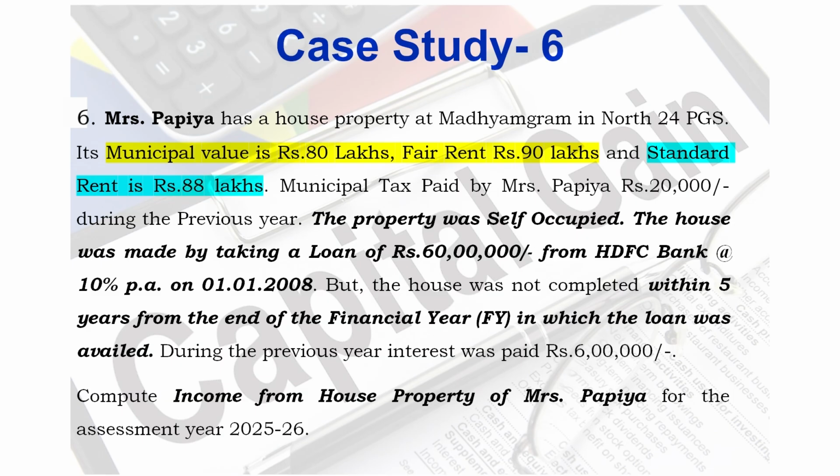The property was self-occupied. The house was made by taking a loan of rupees 60 lakhs from HDFC Bank at the rate of 10% per annum on 1st January 2008. But the house was not completed within 5 years from the end of the financial year in which the loan was availed. During the previous year, interest was paid rupees 6 lakhs.